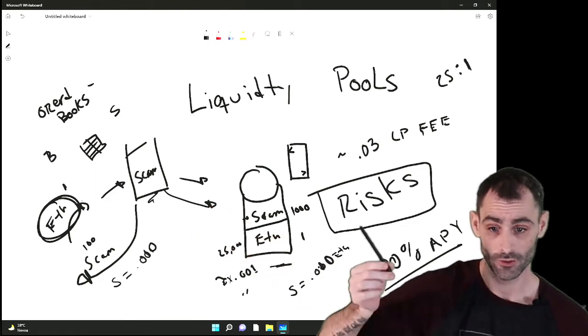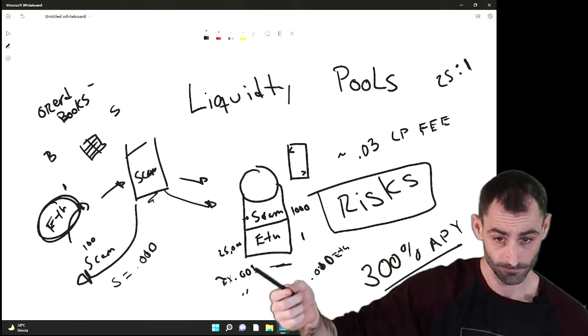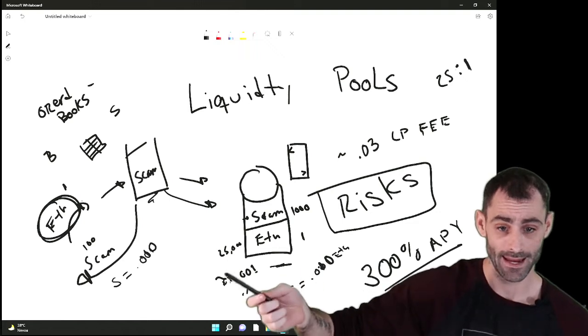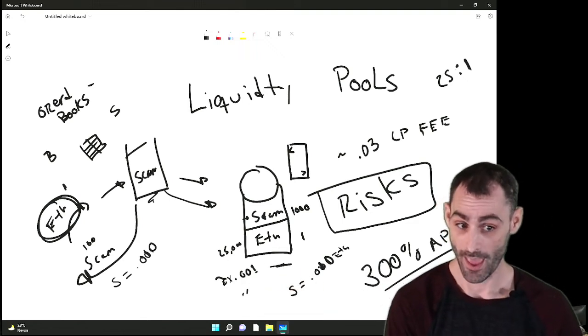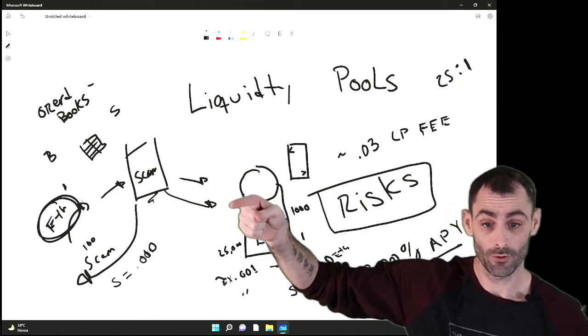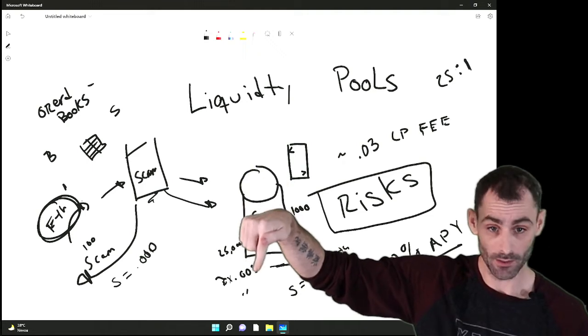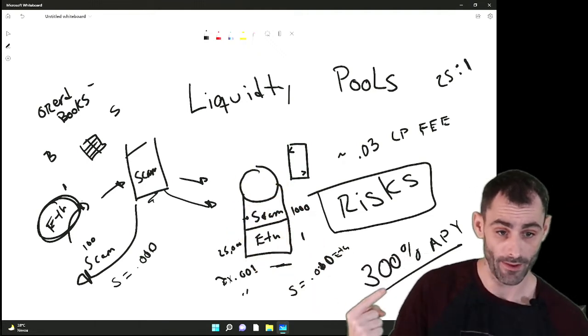Once you buy that scam coin, then you can take more Ethereum and the scam coin that you just bought, and provide that to this liquidity pool. And once you do that, you can start to earn this massive APY.